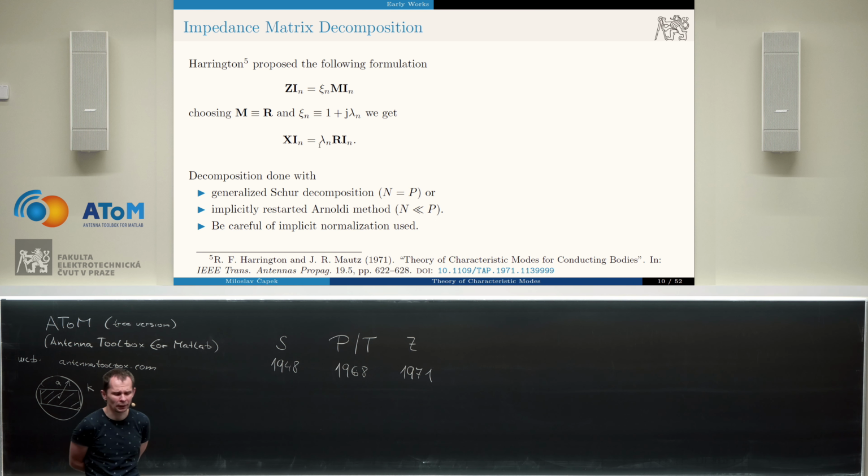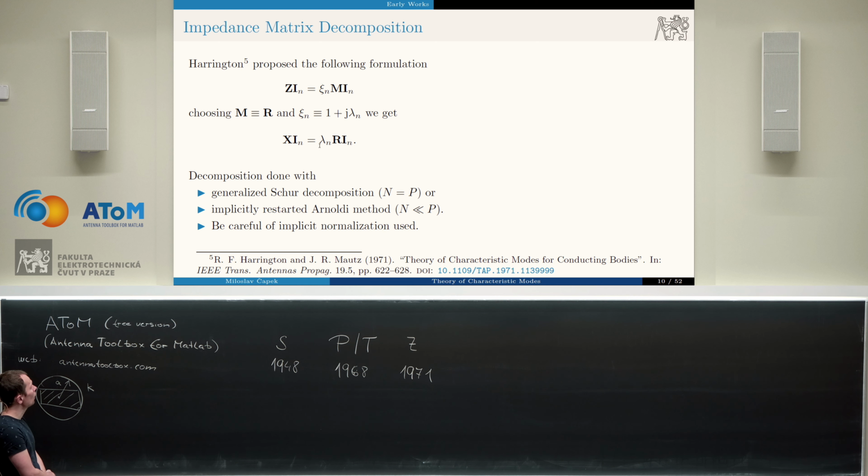And how to do it in practice? Well, just in your favorite mathematical environment, it could be Matlab, Python, Julia, basically what you like. You have to employ either generalized Schur decomposition or implicitly restarted Arnoldi method. And these two are the classical methods of how to decompose matrices in a generalized eigenvalue problem. And they are slightly different in implementation.